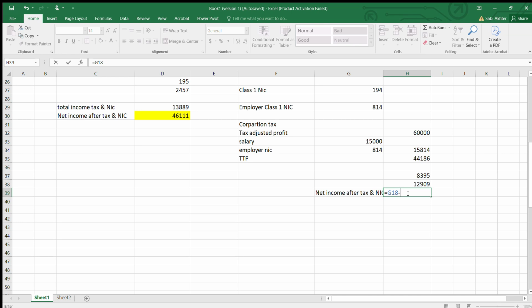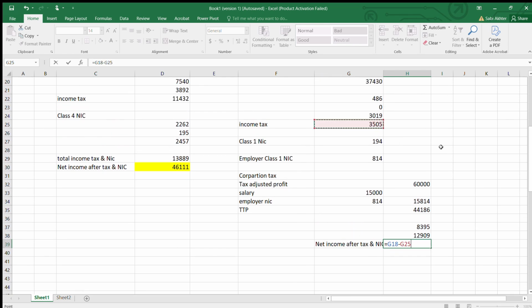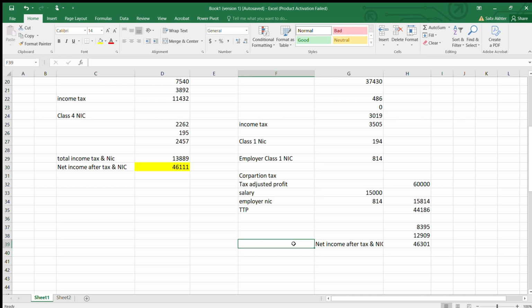No. You have to deduct your income tax and you have to pay employee class 1 NIC. Net income for Aragon we are finding. This is net income for Aragon.